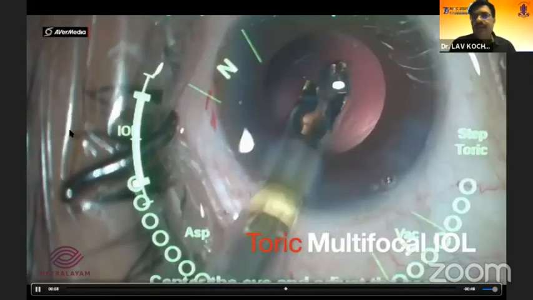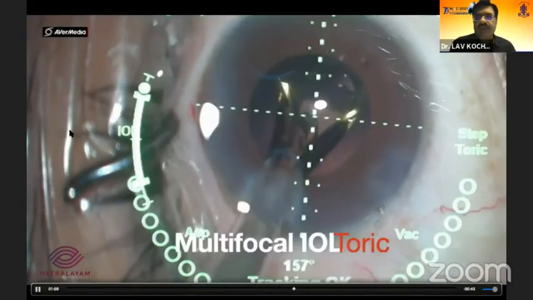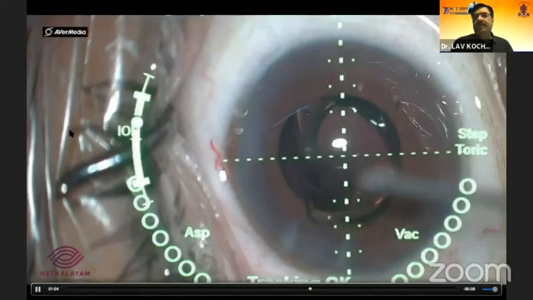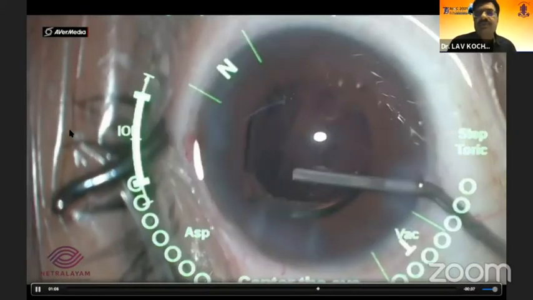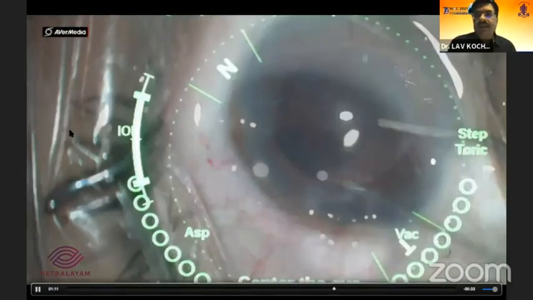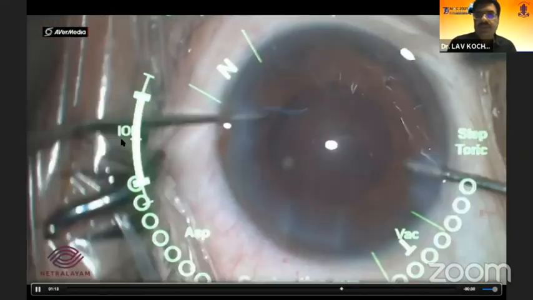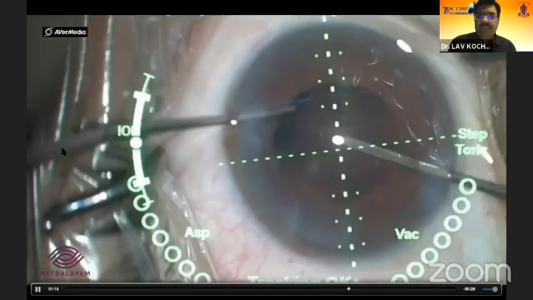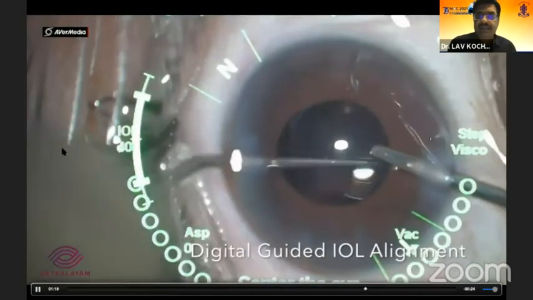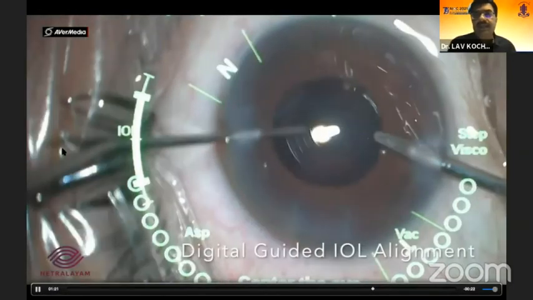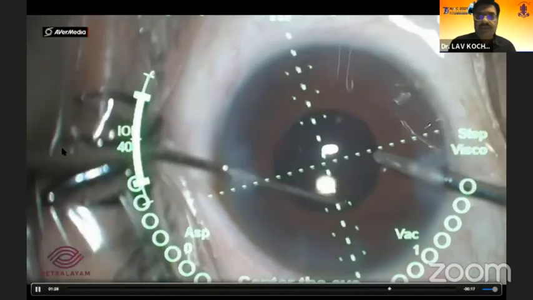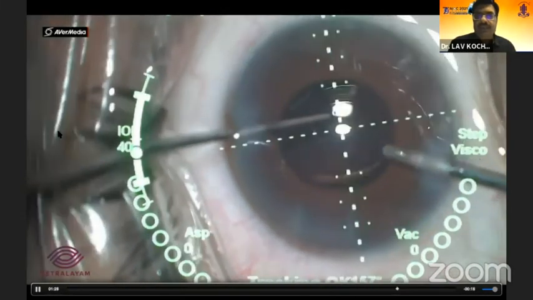And my first toric multifocal, I started implanting only after we got the digital marker, because I never had the confidence with manual marking, and we will be able to deliver for a highly demanding patient who is opting for a toric multifocal IOL. So once it is done, again, the same thing is done. And since it is a multifocal IOL, at the end, the centration check is also important and a must for these cases when you are using a digital marker.